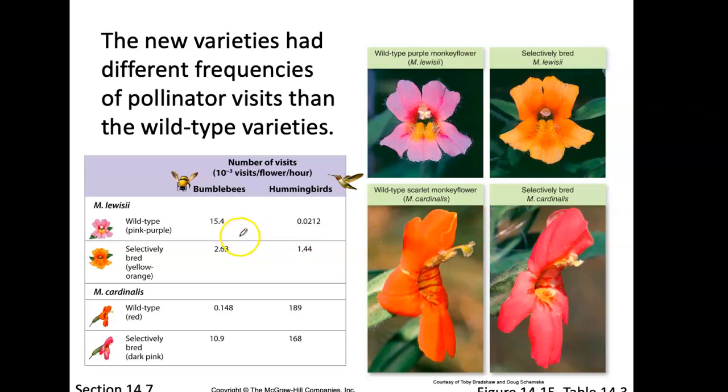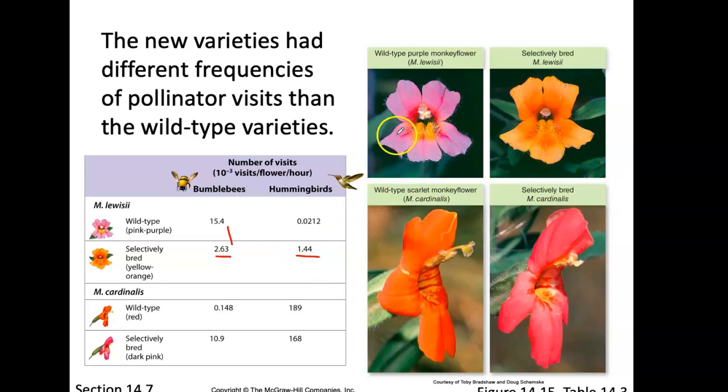Whereas we had many bumblebees on the wild type of the pink one, and very few hummingbirds, when you selectively breed it and make it look more orange, this number drops. Look at this number as compared to this one. It drops dramatically, and I start having way more of the hummingbirds.